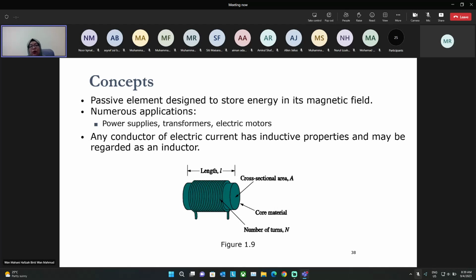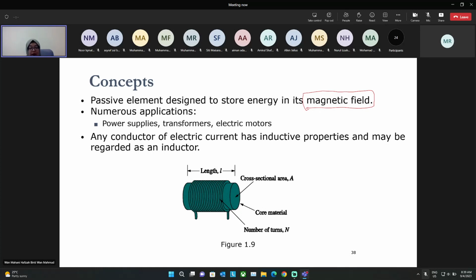Okay, so inductor as compared to capacitor, inductor is a passive element which is designed to store energy in its magnetic field. So kalau you tengok kat sini, this is the main difference between inductor and capacitor.